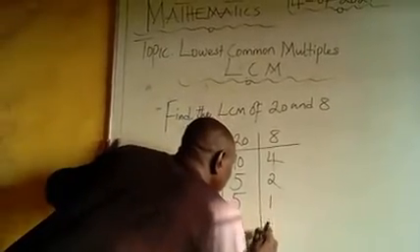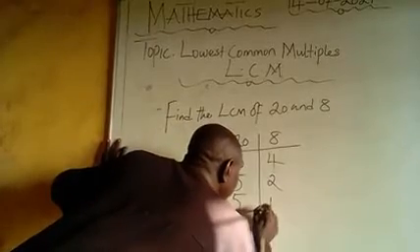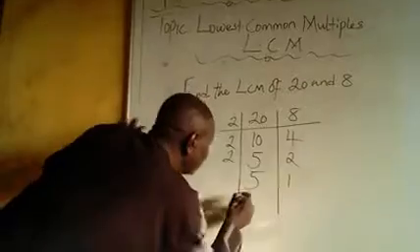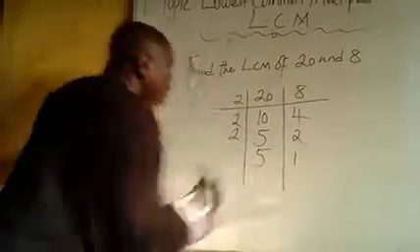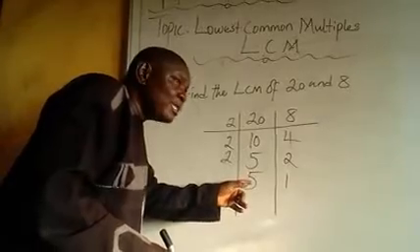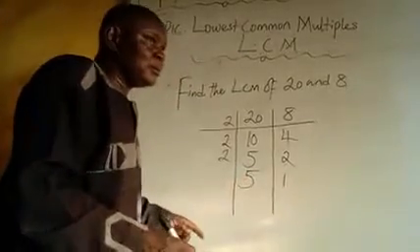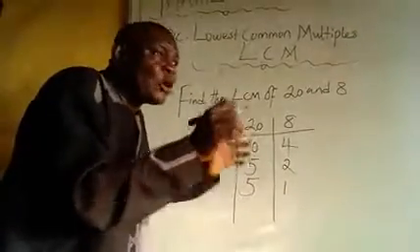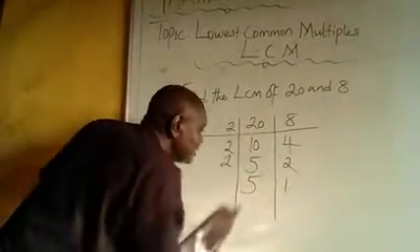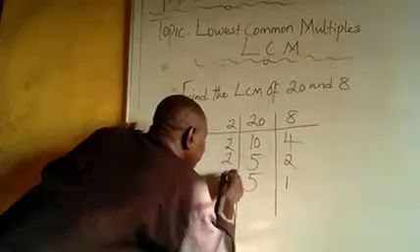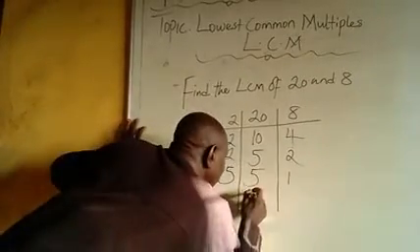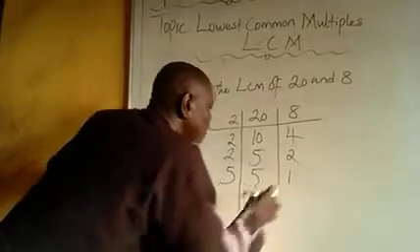Alright? What is the next line of action? Which number can I use to break down this 5 into 1? I cannot use any other number except 5 itself. So let me use 5 itself. 5 divided by 5, the answer is 1.